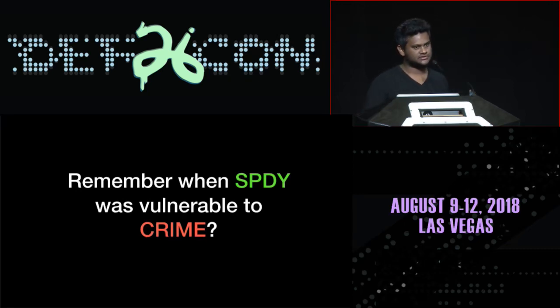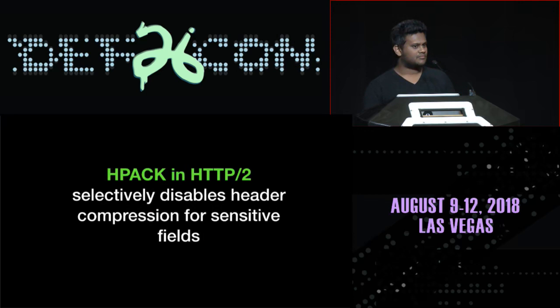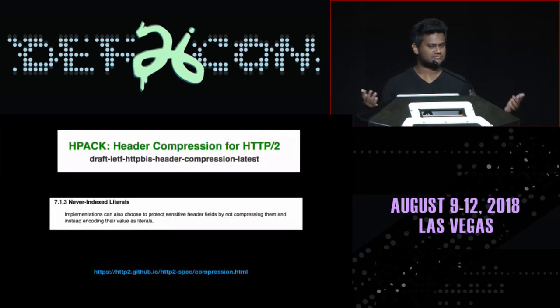So for later HTTP2, they came up with this protocol called HPACK. It's pretty straightforward. What it tries to do is selectively disable compressing sensitive data. In this whole attack that we've been talking about, for CRIME and even this attack, if you could selectively disable cookies from getting compressed, then things would be safe.